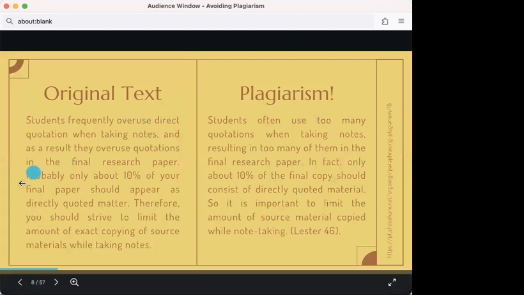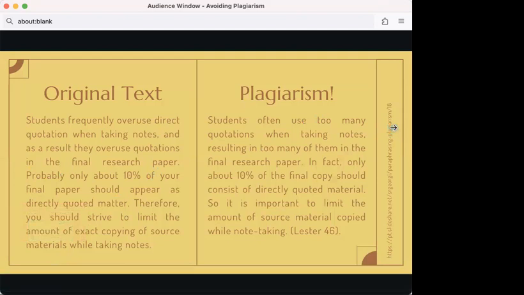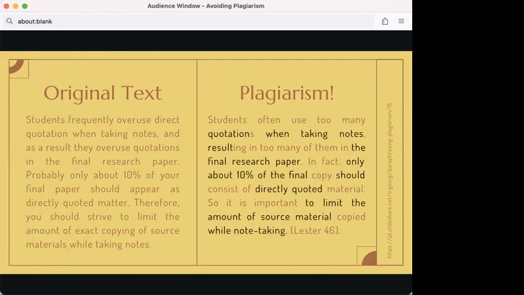Here I have an example of the original text and the plagiarism done by one writer. Please read the original text and try to compare it with the plagiarized work. Here is the result.